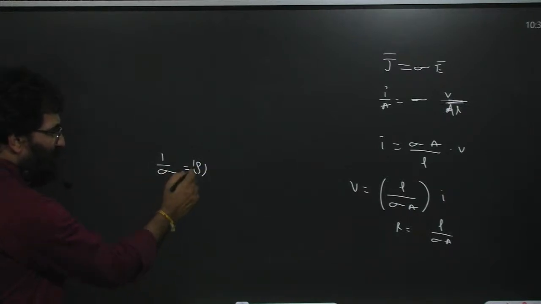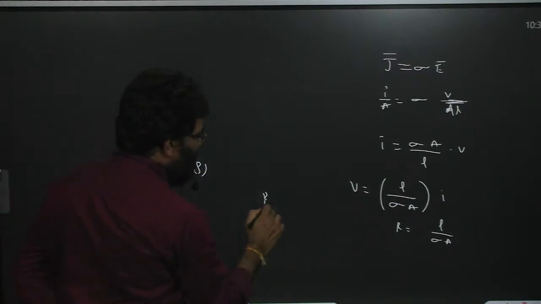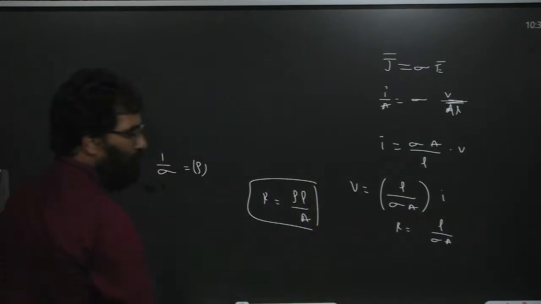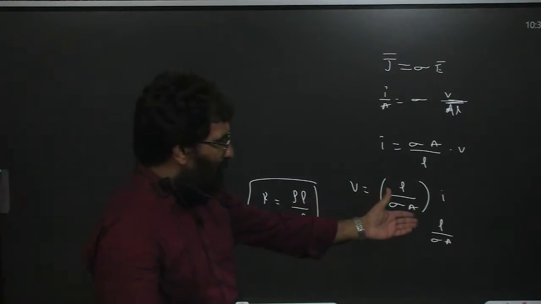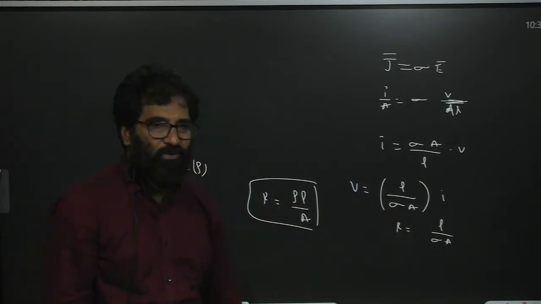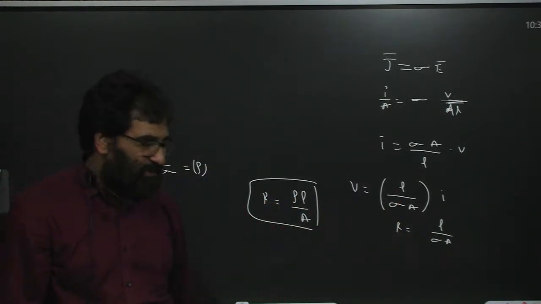See this, conductivity and resistivity. Substituting, the resistance of the conductor is rho L by A.